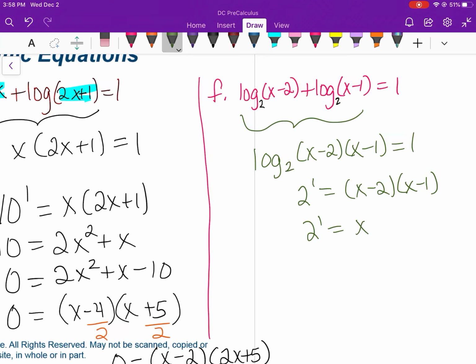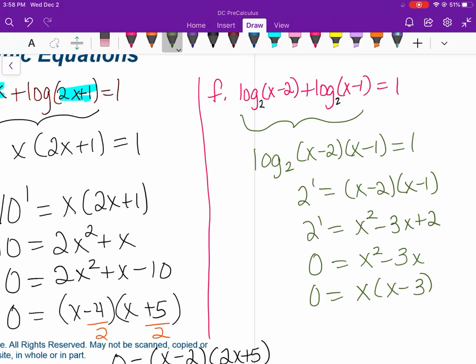I'm going to FOIL. I'm going to move everything to one side. I'm going to factor. And then again, I'm going to check. This has to stay positive and this has to stay positive.